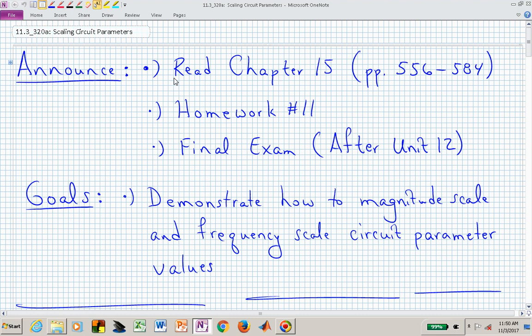In this video, what we want to talk about is how do we modify our circuit parameters, our R's, L's, and C's, if we want to change either the magnitude of those parameters or of the circuit, or we want to change the frequency. We're not always going to be working with frequencies or poles at -1 or zeros at -1.